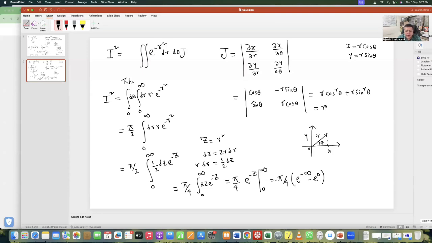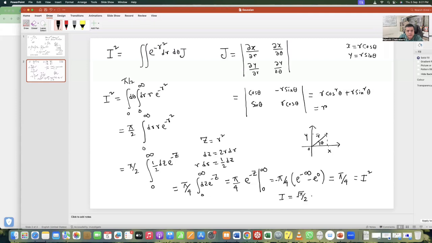Yes, but I have a minus sign here because we have this minus. So essentially it is pi by 4, because exponential of minus infinity is 0, so we get 0 minus 1, and this minus of this minus takes care of it, giving pi by 4. So your I square is pi by 4. Then your I is root over pi by 2.